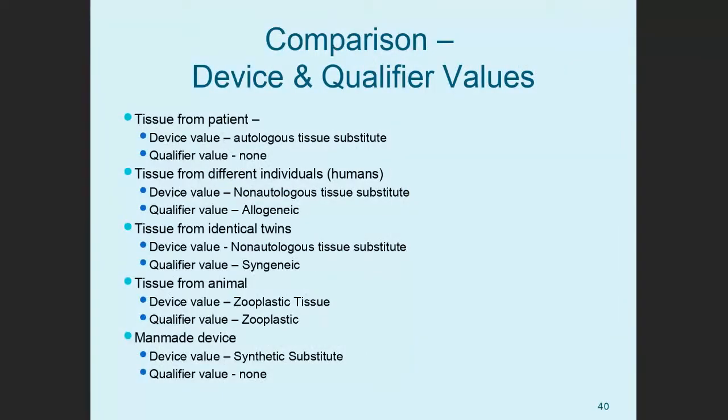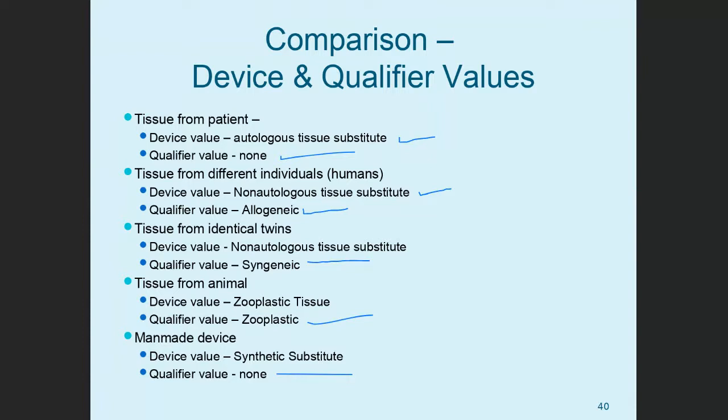So let's compare the device and qualifier values. It's interesting the different terms that are used in this. You have device value autologous tissue substitute. Qualifier value doesn't have any because it uses more specific values. So you have autologous tissue substitute, non-autologous. Qualifier value has allogeneic, syngeneic, xenogeneic, and none.